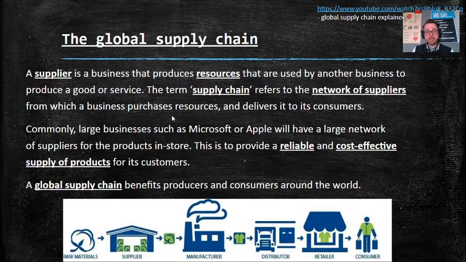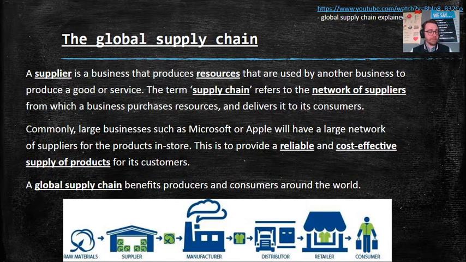Commonly, large businesses, such as Microsoft or Apple, will have a large network of suppliers for the products in store. This is to provide a reliable and cost-effective supply of products for its customers. So basically there's a saying called don't put all your eggs in one basket. If Apple says, all right, all the products for my iPhone here that I'm selling off to customers, I'm going to get it from this one guy, this one business, this one supplier.